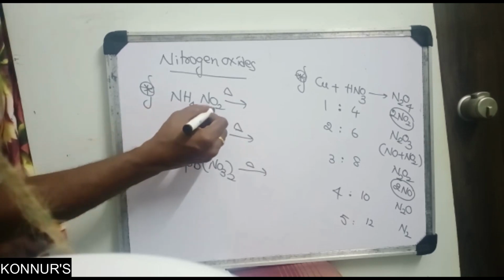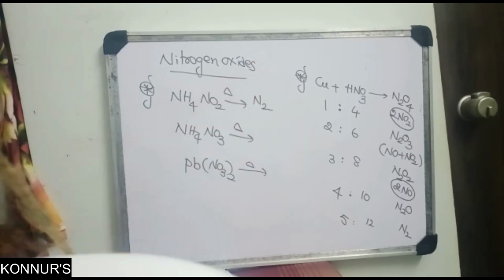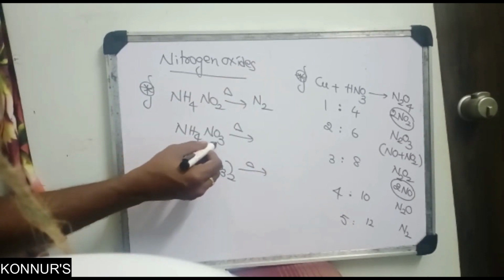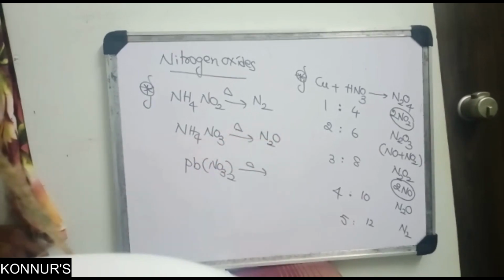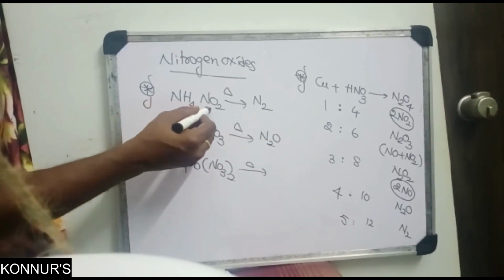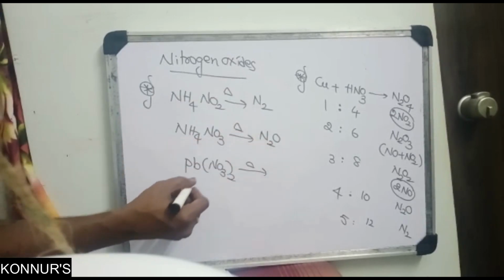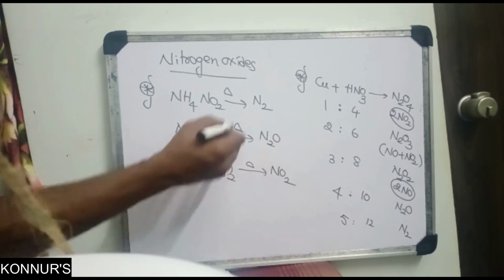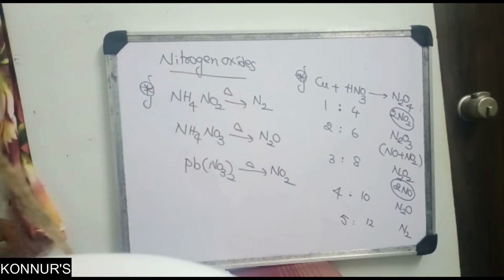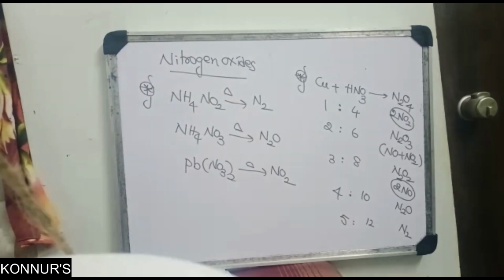Here, 4 hydrogens and 2 oxygens, so water is eliminated. Your answer is N2. Here, 4 hydrogens and 2 oxygens are eliminated, your answer is N2O. So ammonium nitrite gives N2, ammonium nitrate gives N2O, lead nitrate gives NO2. Very, very important. More confusion. A compulsory question.